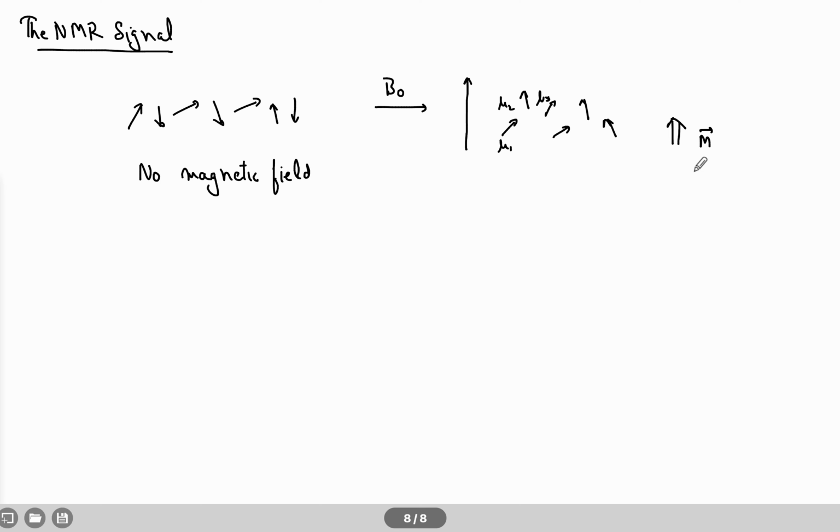Okay, so this is in presence of magnetic field, right?